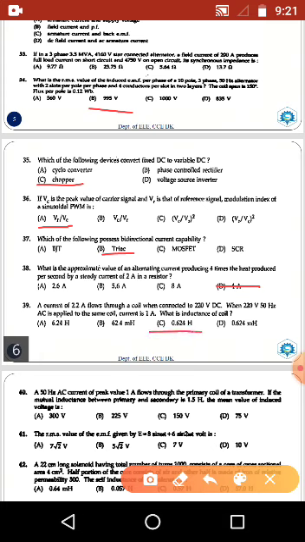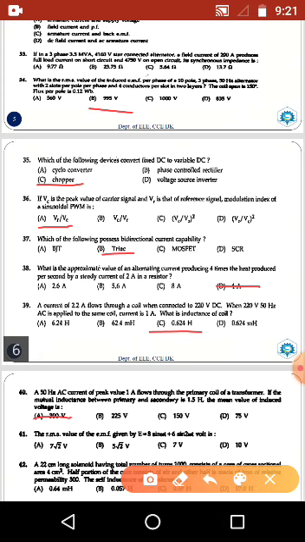Moving to question number 40, a 50 Hertz current has a peak value 1 ampere flows through primary coil of the transformer. The mutual inductance between primary and the secondary is 1.5 Henry. The mean value of induced voltage is. The answer for that is 300 volt or option number A. Moving to 41st question, the RMS value of an EMF given by 8 sin omega t plus 6 sin 2 omega t voltage.